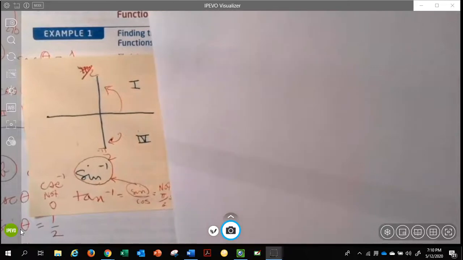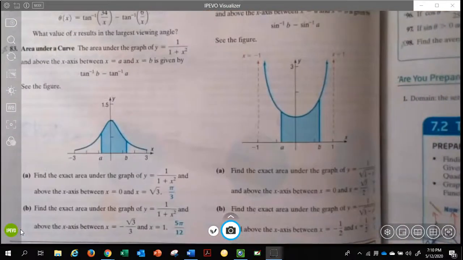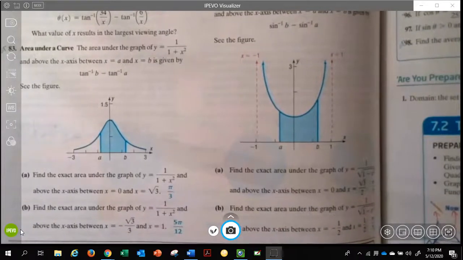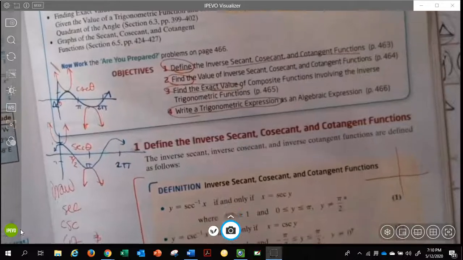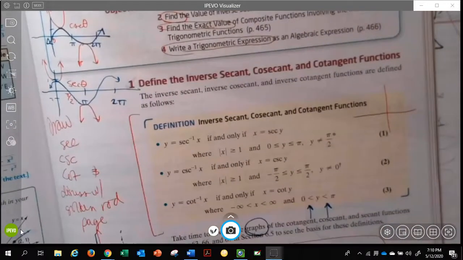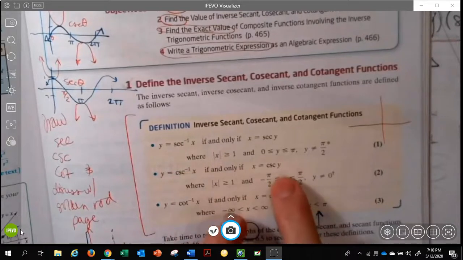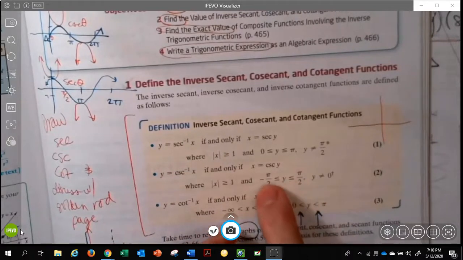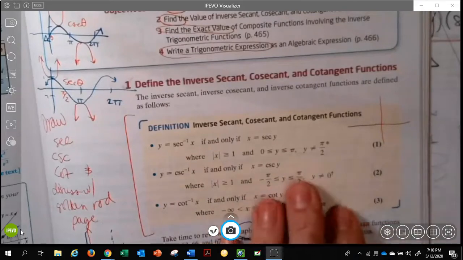And so in your videos that you've been watching, you are learning about secant, cosecant, and cotangent. On the bottom of 463 is when cosecant got added in. And cosecant can be between the negative pi over 2 and pi over 2 inclusive, but it just can't equal that middle one.